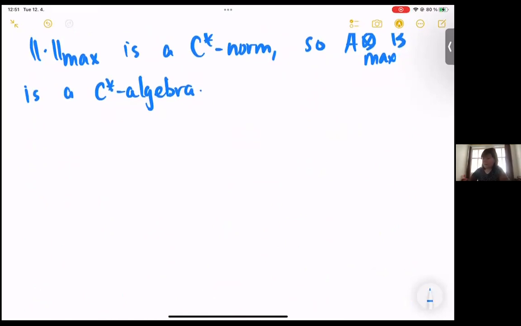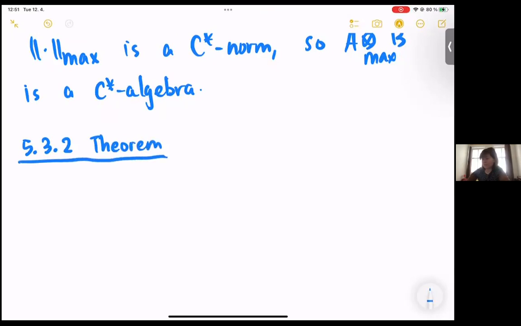And what's nice about the maximal C star norm, which is something we don't necessarily have for the minimal, is this universal property.